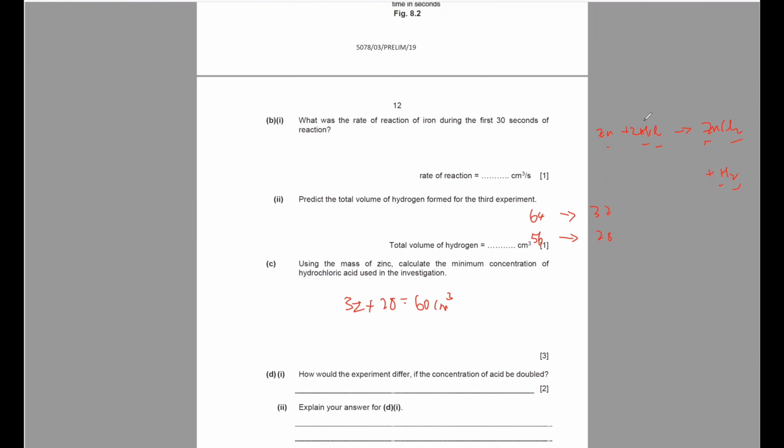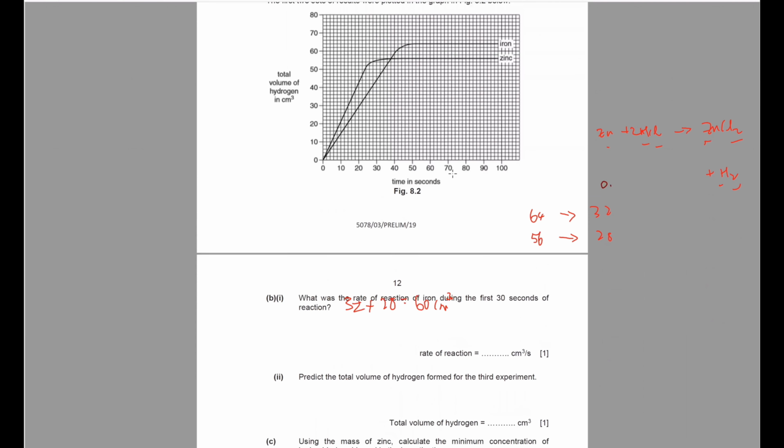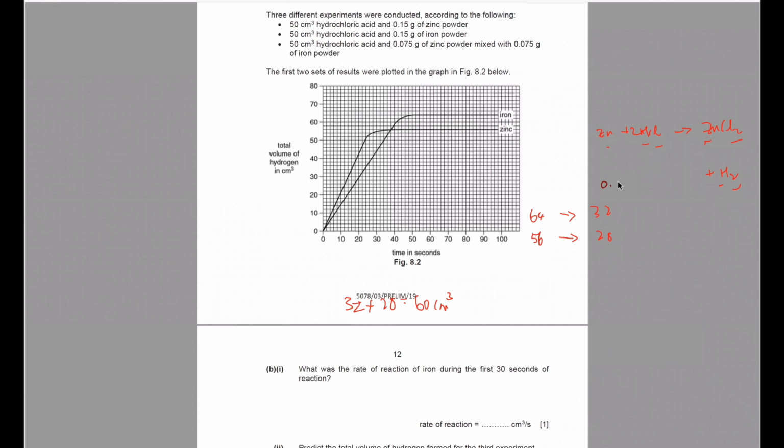Like this. So using the mass of zinc, we know this is 0.15 g of zinc. Then the amount of hydrogen produced is 56.